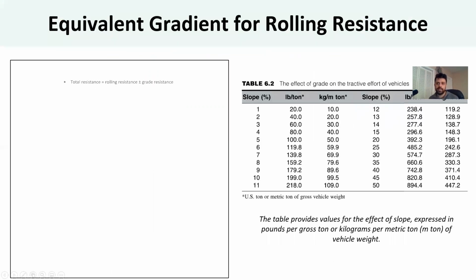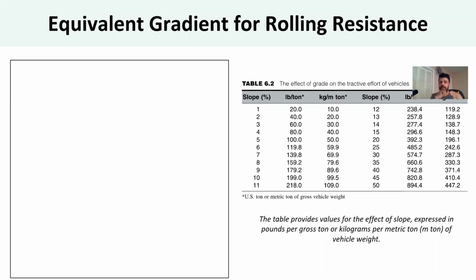We also said that we could find the equivalent rolling resistance. Rolling resistance is usually given in pounds per ton. It means the force per every ton of the vehicle. But we could also convert rolling resistance into an equivalent grade resistance.